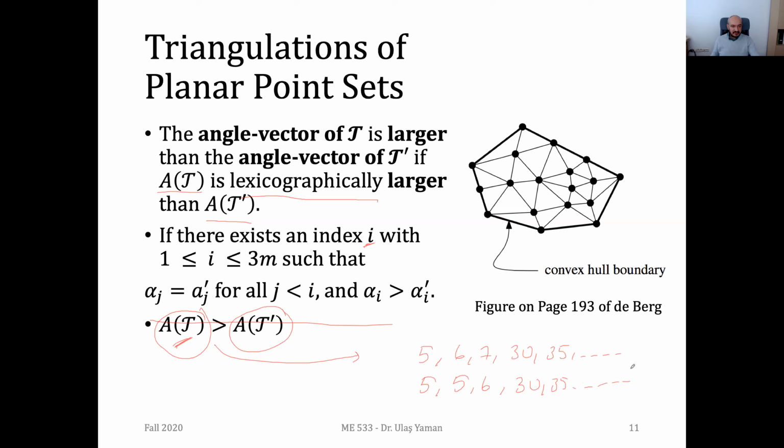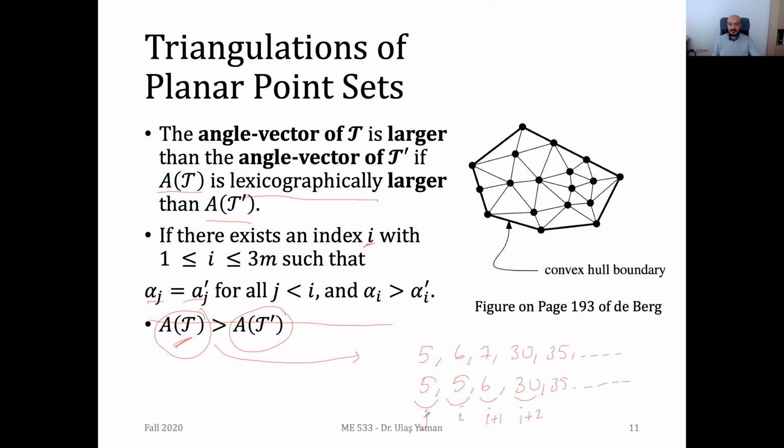So now let's have a look at a case where we have the angles equal to each other. This is then j, and this is i, okay? And this is i plus 1, i plus 2, okay? And I'm selecting this index.